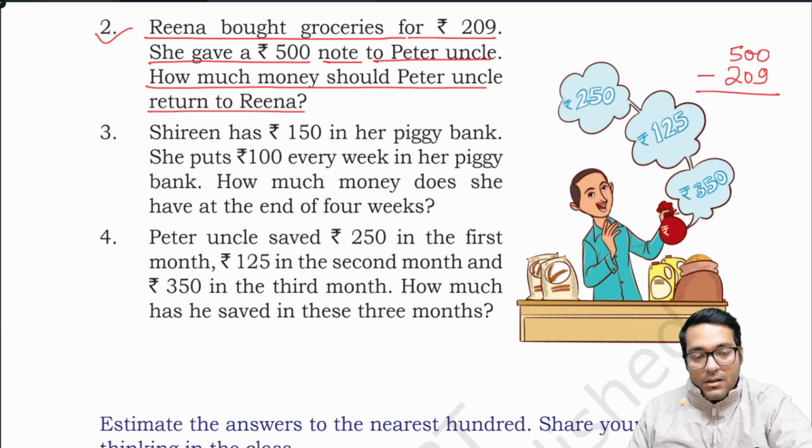Since you can't subtract 9 ones from 0 ones, you have to break 1 ten. Since the tens place is also 0, you have to break the hundreds place.